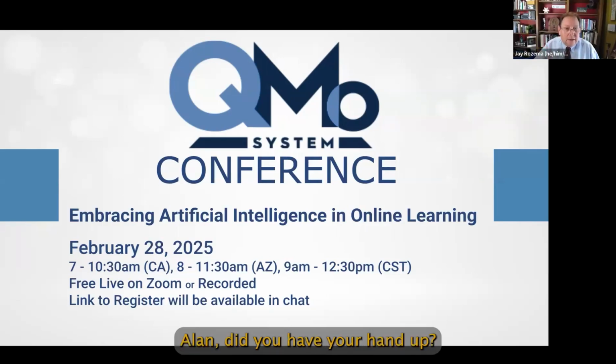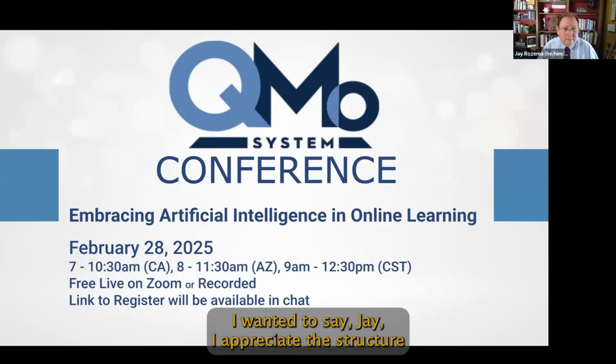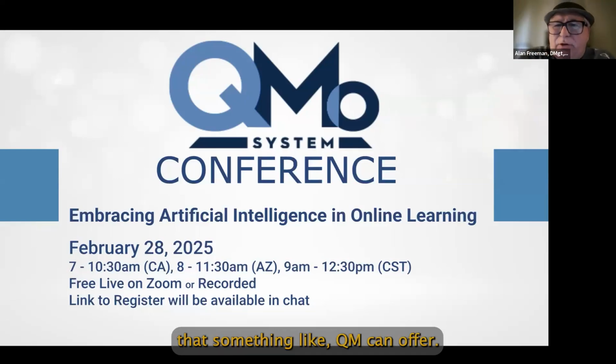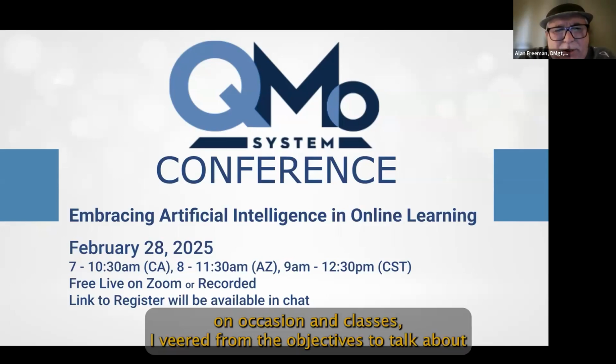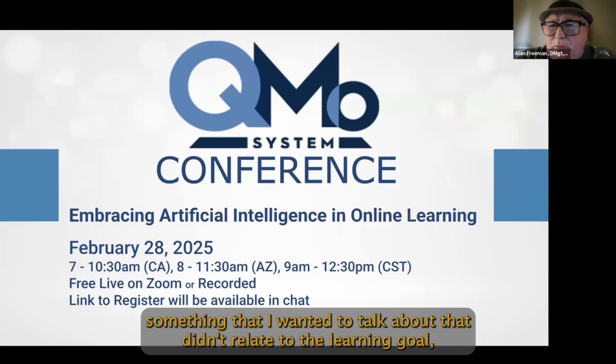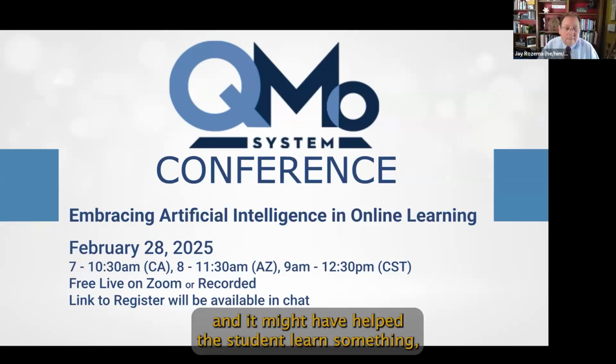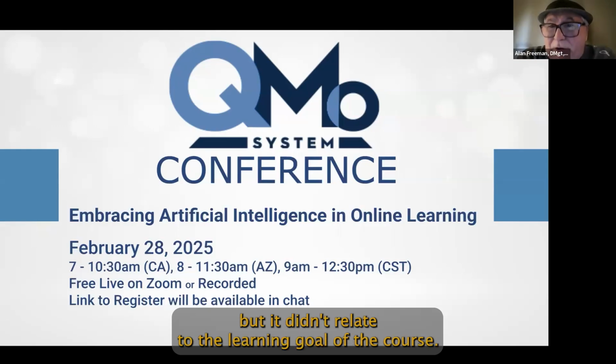Okay. Alan, did you have your hand up? I wanted to say, Jay, I appreciate the structure that something like QM can offer. Let me explain that on occasion in classes, I veered from the objectives to talk about something that I wanted to talk about that didn't relate to the learning goal. And it might have helped the student learn something, but it didn't relate to the learning goal of the course.